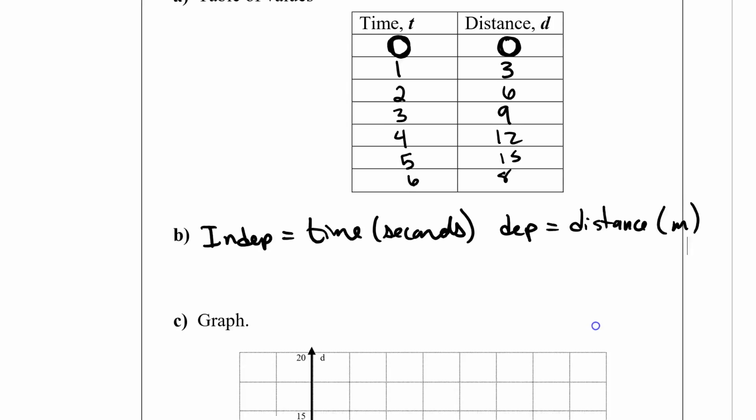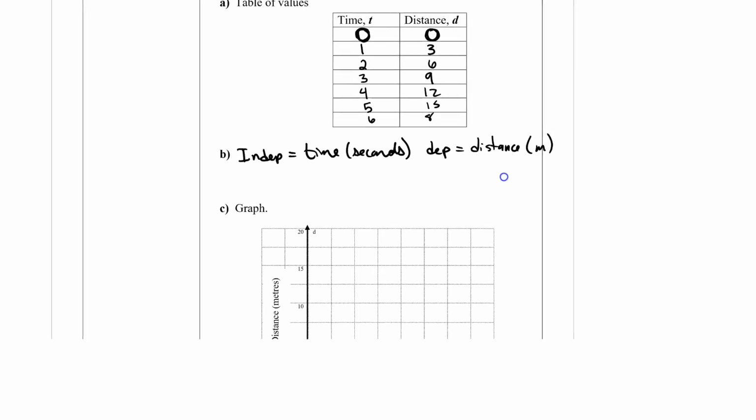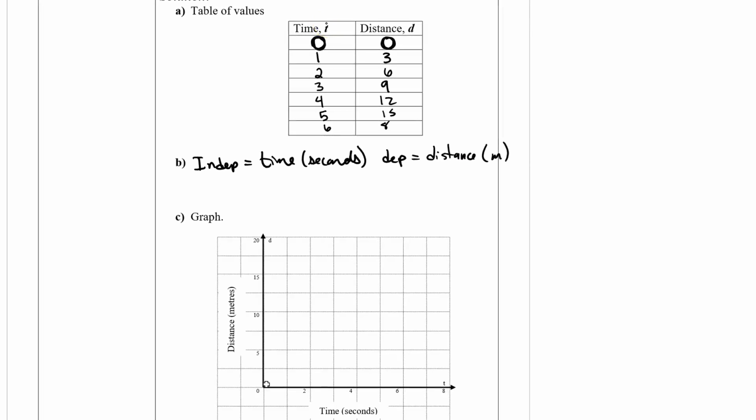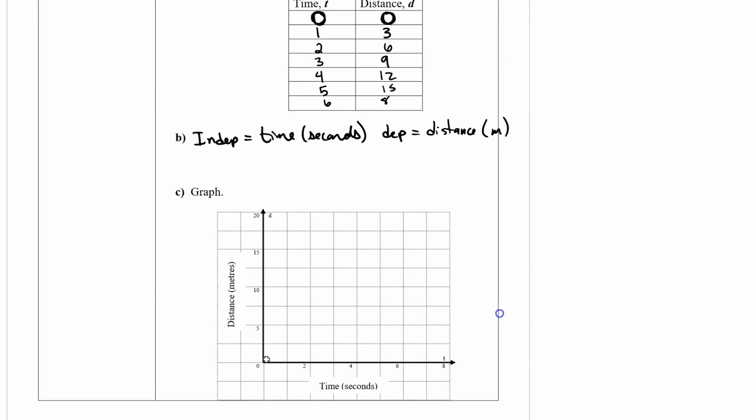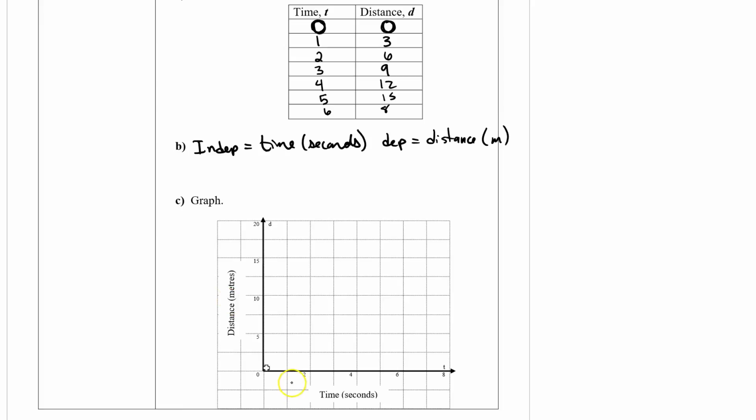What we want to do now is use our table of values to graph. So I have created this graph for you. Sometimes it's really difficult actually to determine the proper scale, and in the next video I'll be doing a whole bunch more examples of this type of question.